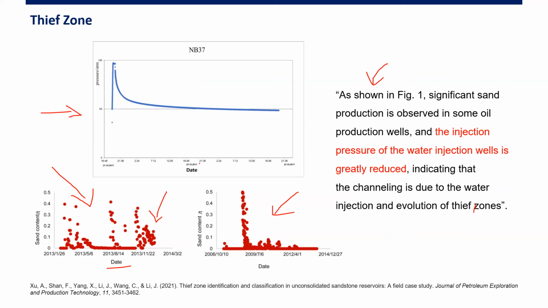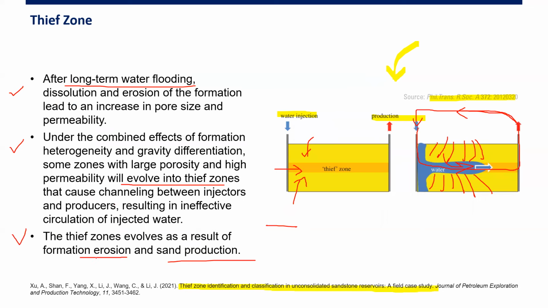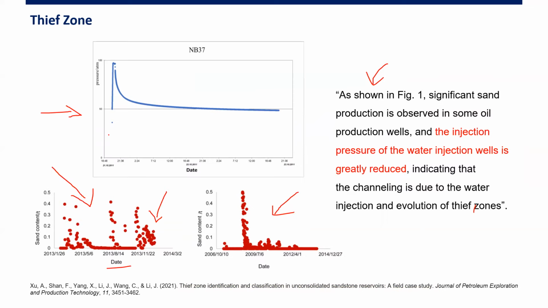Okay, you connect the sand production with the formation, erosion, and dissolution. This will cause the TIF zone. Whenever you have sand production, dissolution, and erosion, be careful. Later on, maybe you will have a TIF zone. Okay, so this is the evidence. The first evidence, the one evidence, is that we have sand production in the producer.